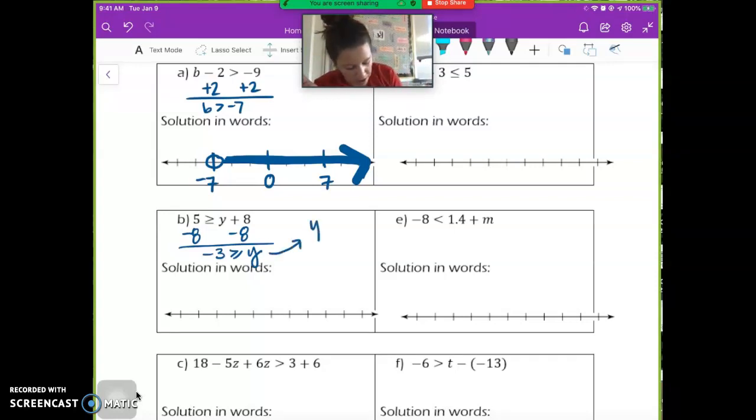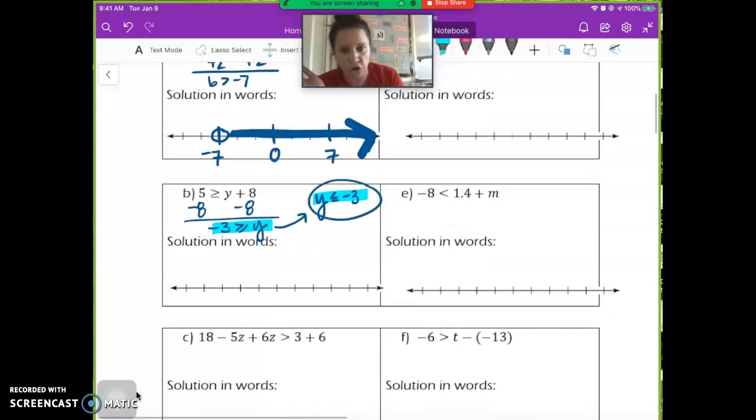What I mean by that is when you want the variable on the left-hand side, not only do you have to flip the order, you also have to flip the sign. So that's something different with equations. So instead of negative 3 is greater than or equal to y, y would be less than or equal to negative 3. Those are equal statements. This statement is equal to this statement. I just find this one easier to graph. It just makes more sense in my brain.